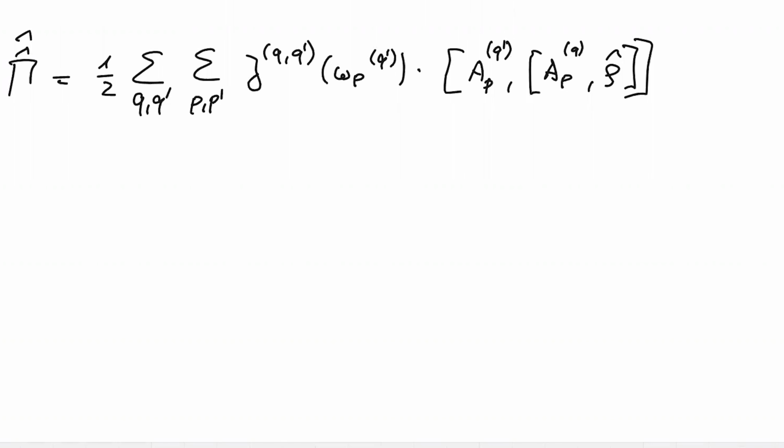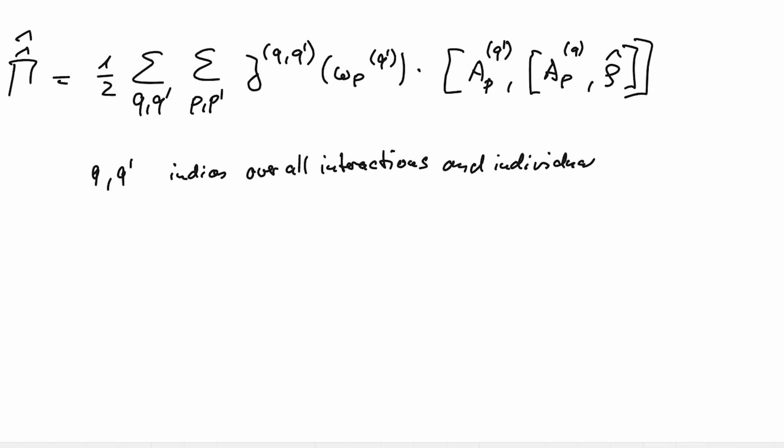Just to give you some hints, q and q prime are indices over all interactions and individual irreducible tensor components, also referred to as the tensor alphabet, for example, and it's spherical harmonic functions in the end.